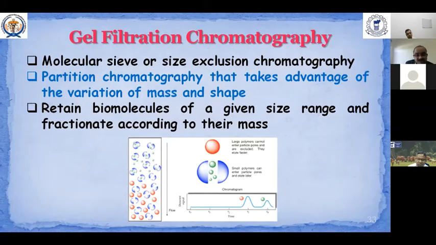This range of molecules which enters into the beads or pores is called the cutoff value or exclusion limit.